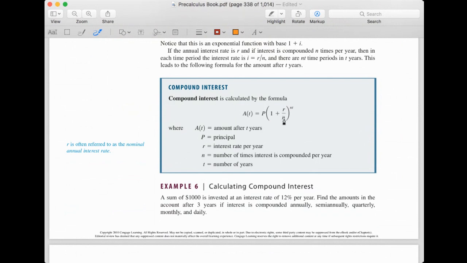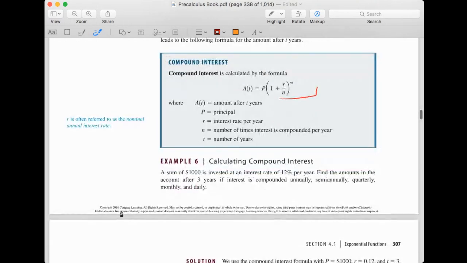N is how many times the interest is calculated each year, then raised to n times t. This is to calculate how much money we can have by depositing a certain amount of money at a certain interest rate for certain years.